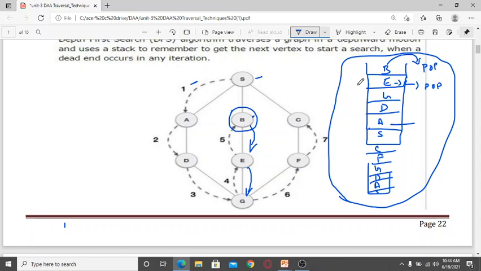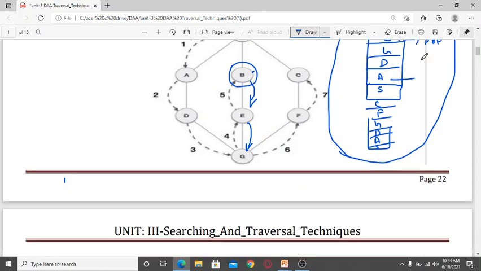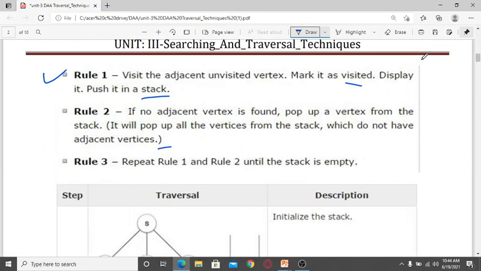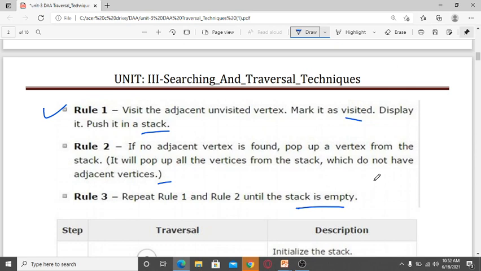At that time we need to do the pop operation, which removes from the stack. Then rule 3: repeat rule 1 and rule 2 until the stack is empty. Until the stack is empty, we perform the operation.